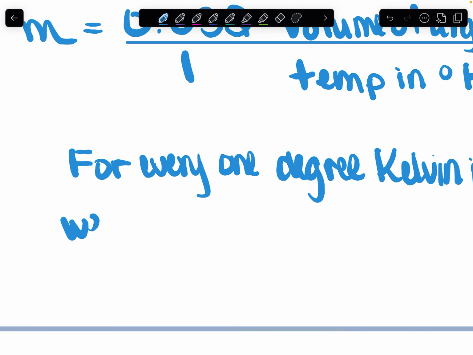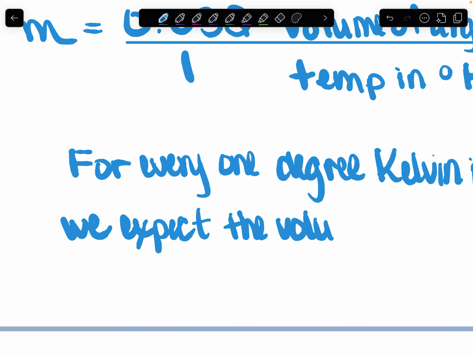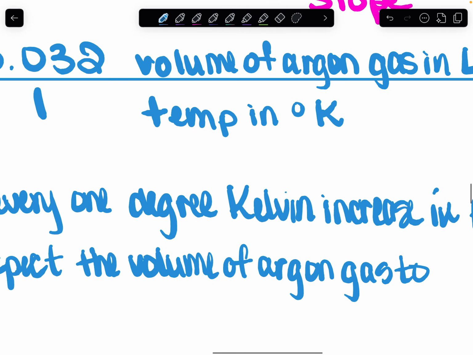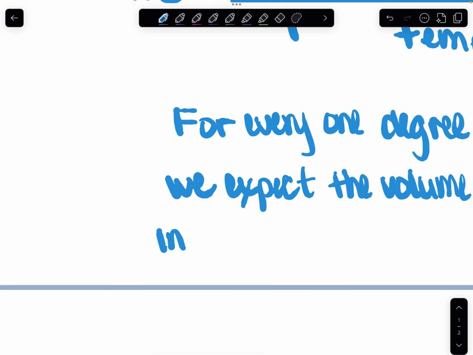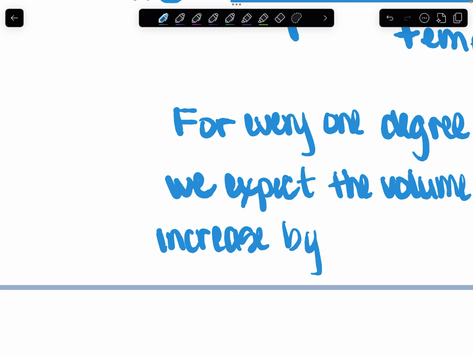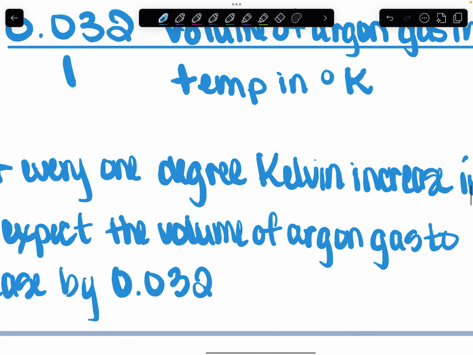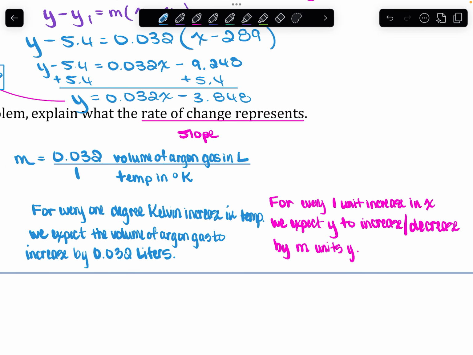So we expect the volume of argon gas to, our slope was positive, so it's going to increase by 0.032 units of y, which is liters. So for every 1 degree Kelvin increase in temp, we expect the volume of argon gas to increase by 0.032 liters.